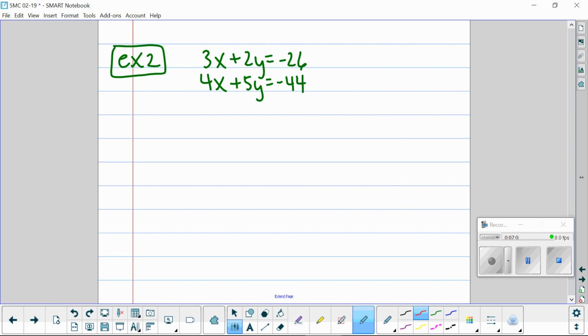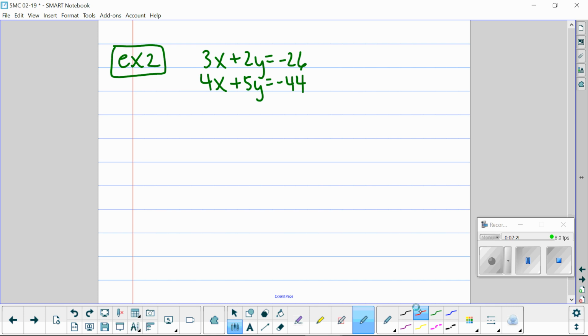I have to multiply by a negative 3 so that I have a positive 12x and a negative 12x to cancel. I could also multiply to get rid of the y's. The easiest way to do that would be to multiply the top equation by 5 and the bottom equation by negative 2.